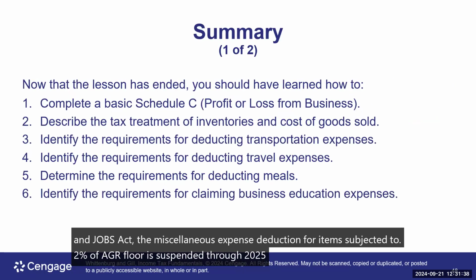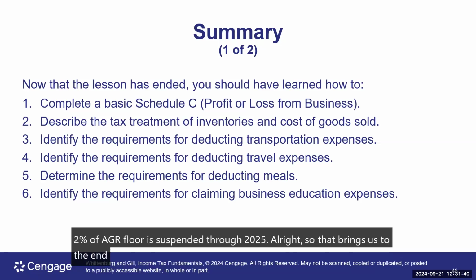All right, so that brings us to the end of chapter 3, which covers business income and expenses.